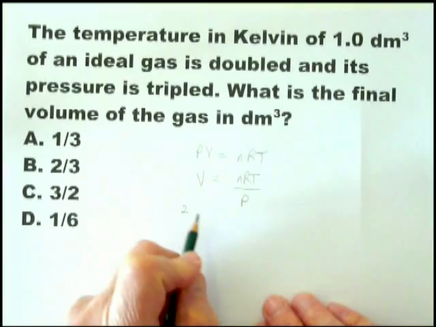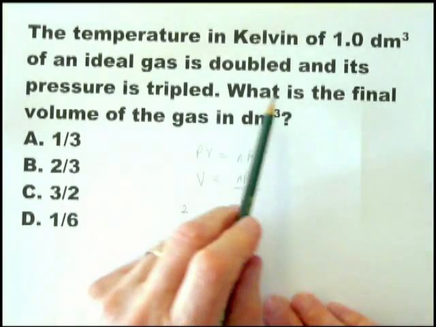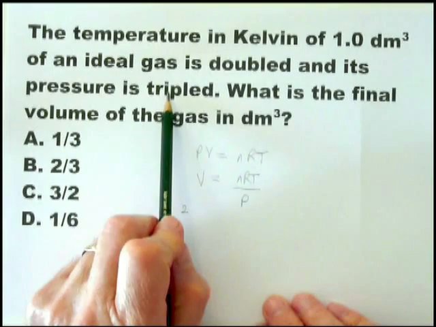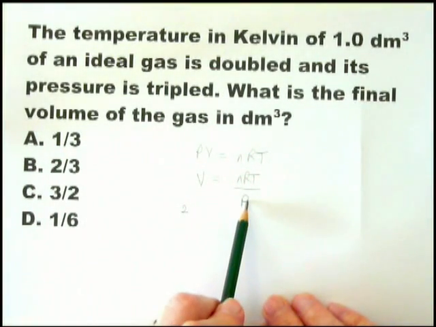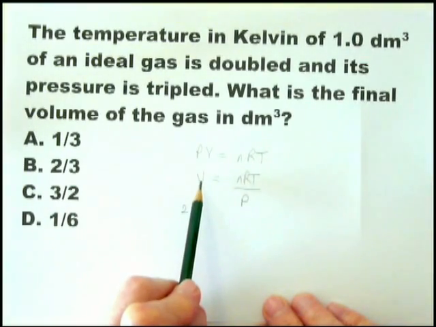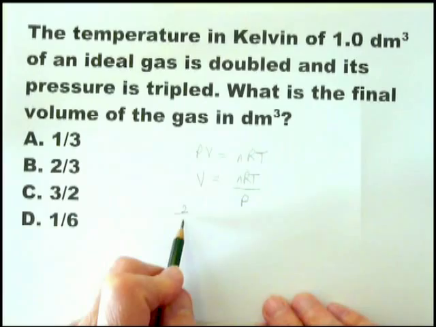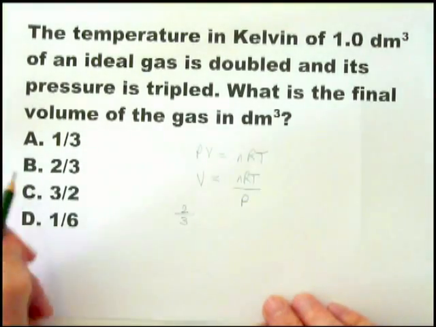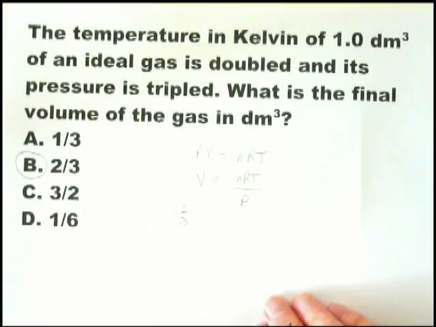So we're going to double the volume. And then we triple the pressure. So if we then triple the pressure, we then reduce the volume to a third. So it's 2/3. And that is the answer, 2/3.